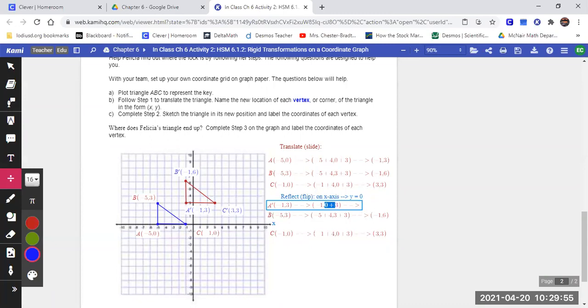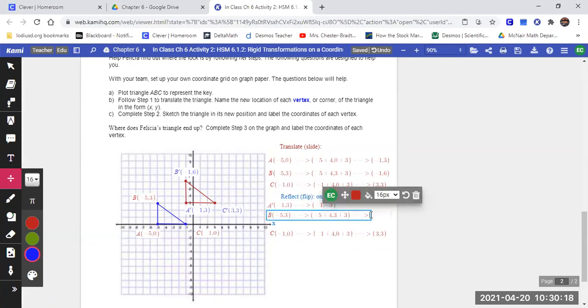So when I'm going over the x-axis like this, doesn't it mean that the y is just changing sign? If I'm going over the axis? Because this A says 3 above. So the new one has to be 3 below. This B says 6 above.